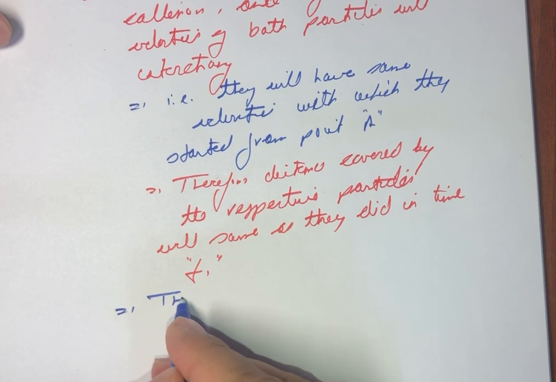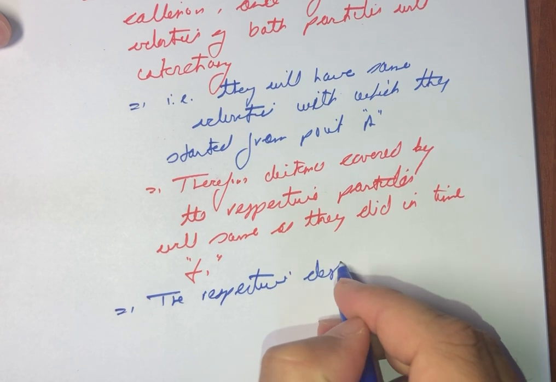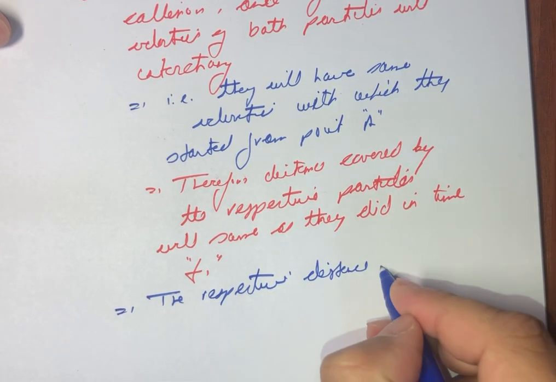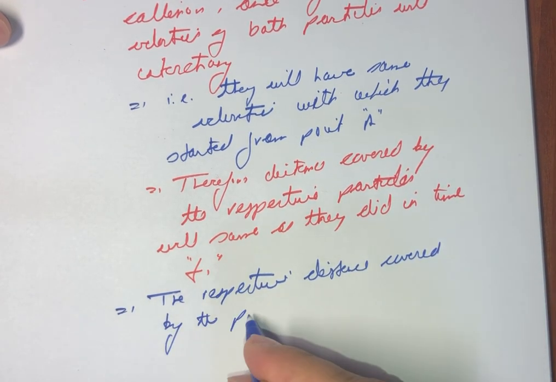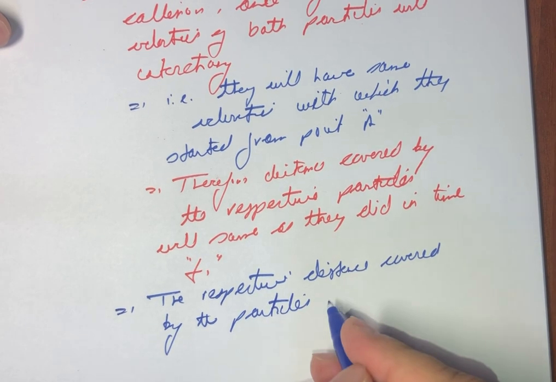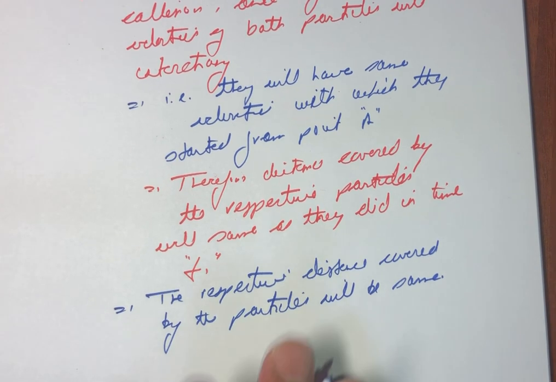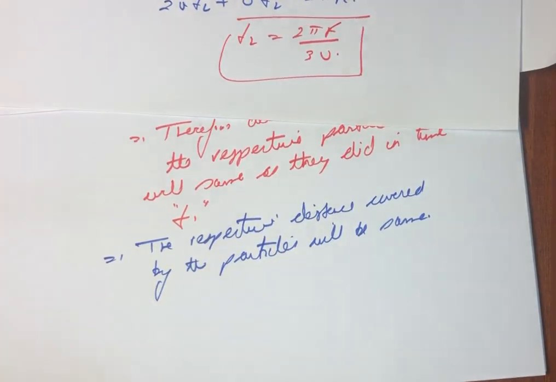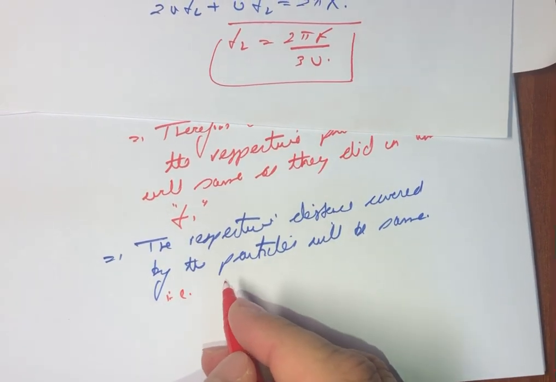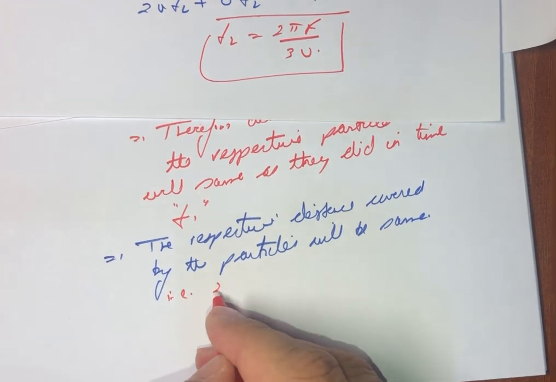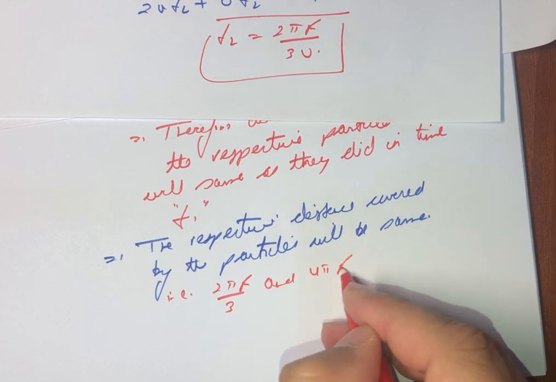So therefore we can say that the respective distances covered by v and 2v will be the same, that is, we have the distances as 2 pi r by 3 and 4 pi r by 3.